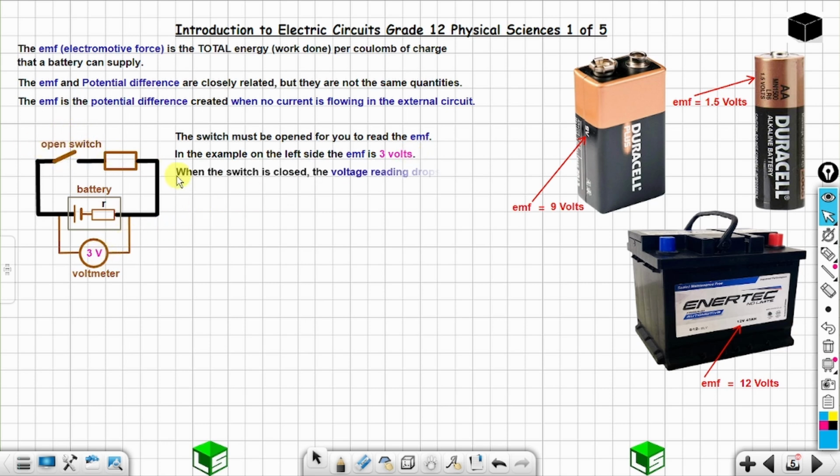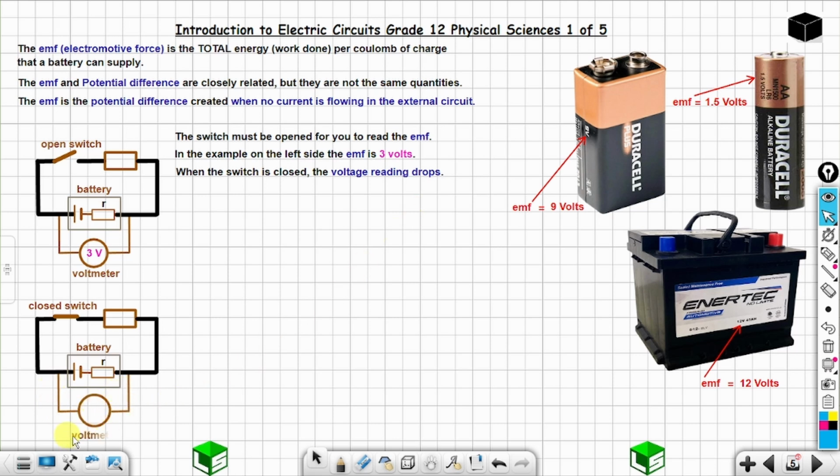When the switch is closed, the voltage reading drops. If you connect a voltmeter, you can have, for example, 2.6 volts. There is a drop in the reading of the voltmeter.